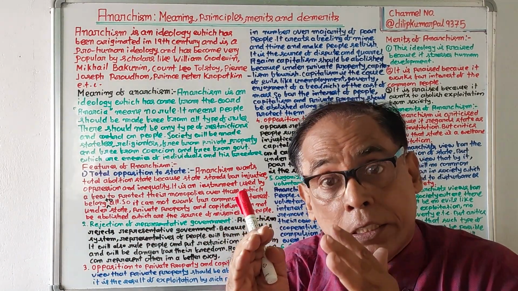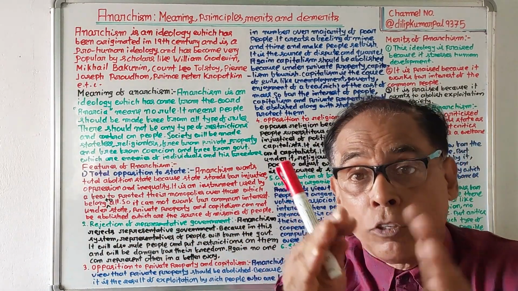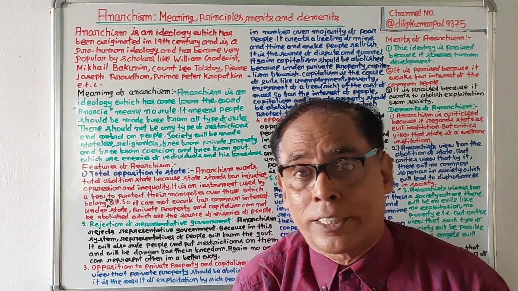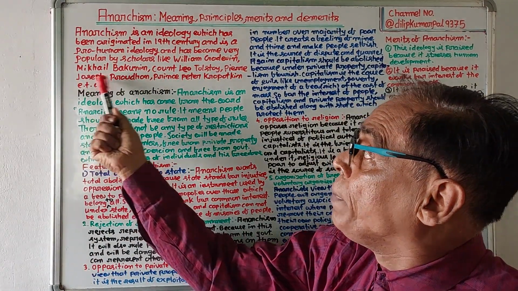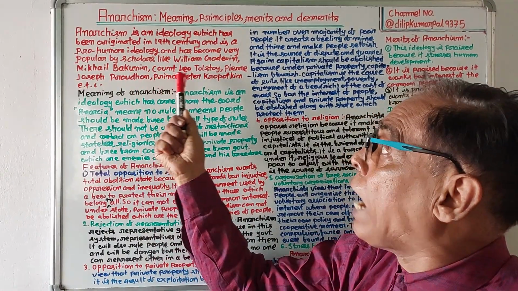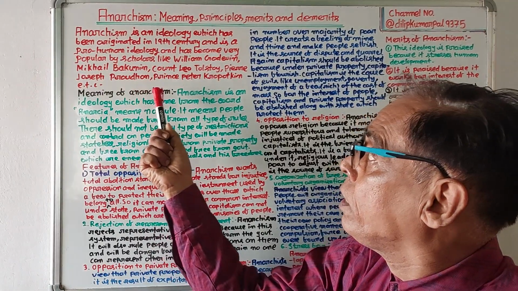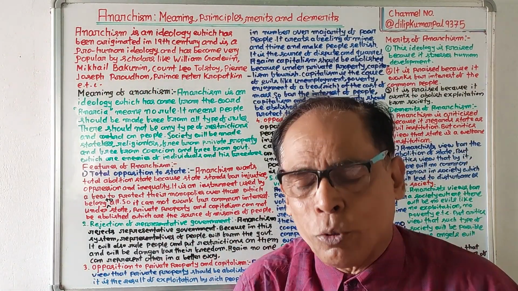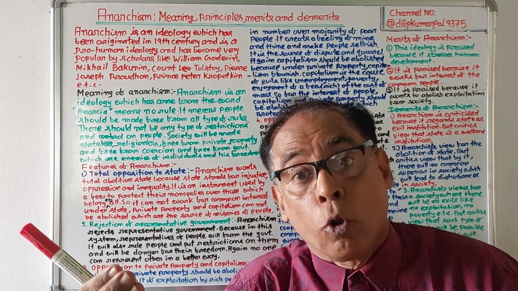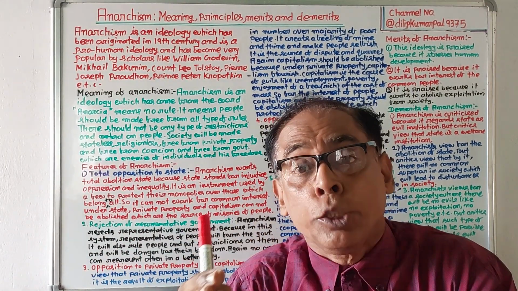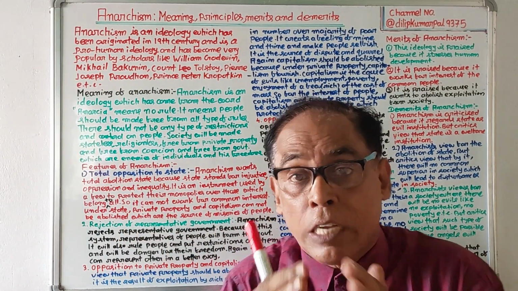This ideology always wants the development of human beings, and it became popular through scholars: William Godwin, Mikhail Bakunin, Count Leo Tolstoy, Pierre Joseph Proudhon, Prince Peter Kropotkin. So anarchism is a pro-human ideology that wants the benefit of human beings. Now let us discuss what anarchism is.